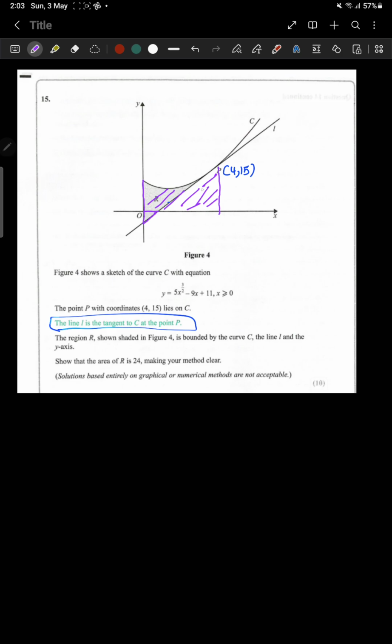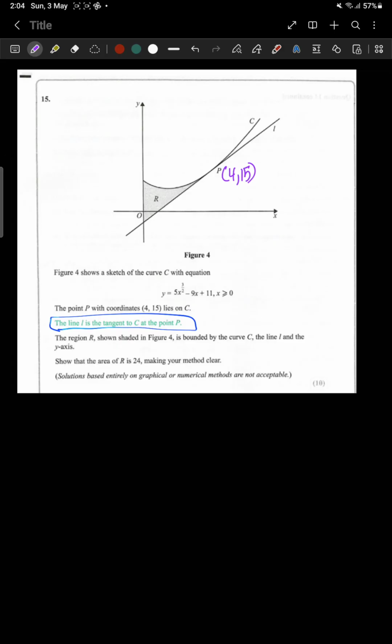If we get the area of this one only, you should notice that this is a triangle. So we can subtract the area of the triangle to give this area. But there's a small triangle here, and we have to also find the area of that. Okay, so now let's begin.